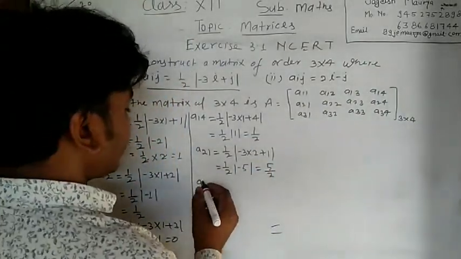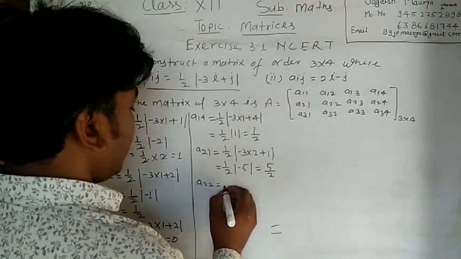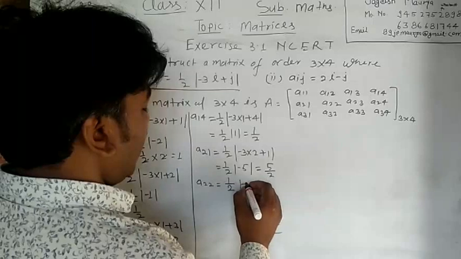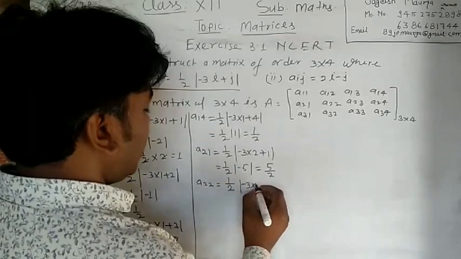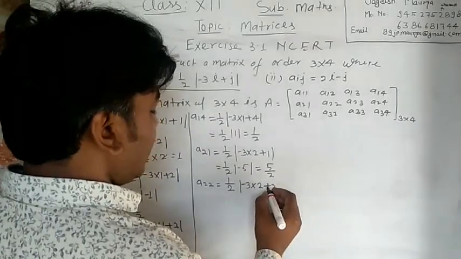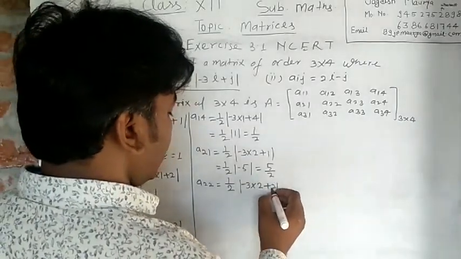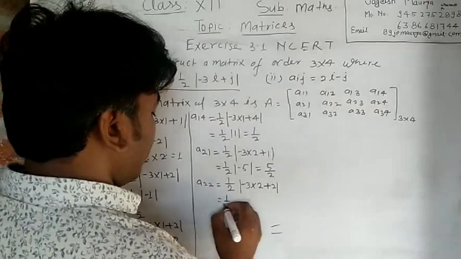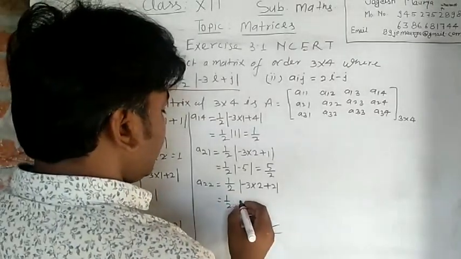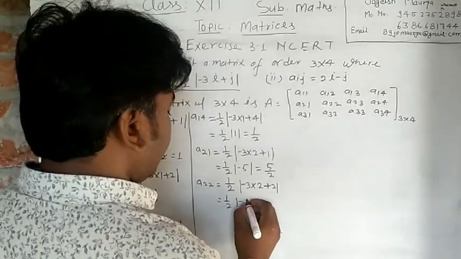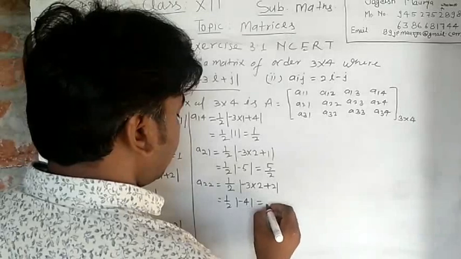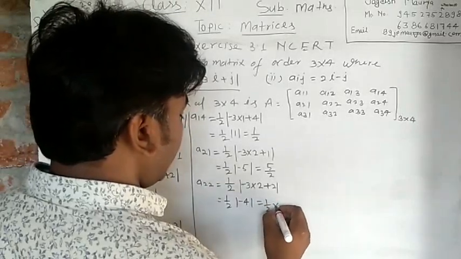A22: 1 by 2 mod of minus 3, i equal to 2 and j equal to 2. So minus 3 into 2 plus 2. This will come 1 by 2 mod of minus 6 plus 2, mod minus 4, and here this will come 1 by 2 into 4.